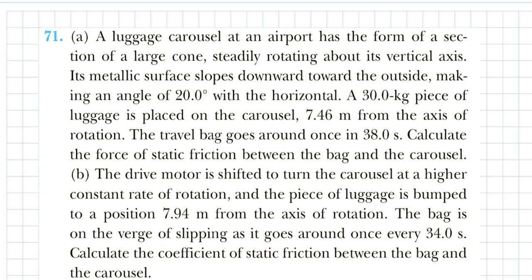Number 71. This is a very delicious problem where you need to really understand the free body diagram. So we have a suitcase on a carousel, and it might seem like this is very similar to a banked NASCAR problem, but in NASCAR, cars are riding on the road and they're pushing into the surface.